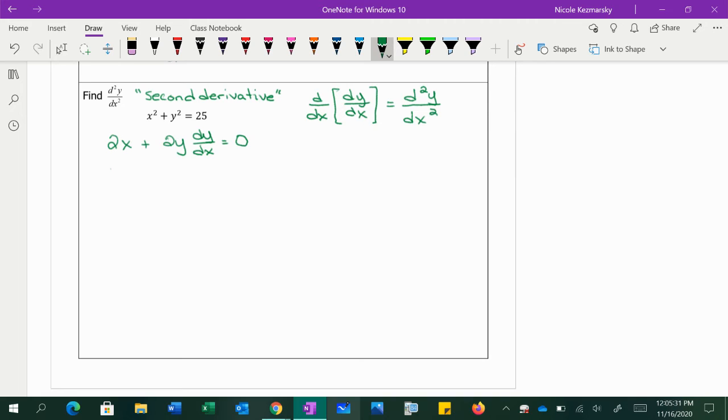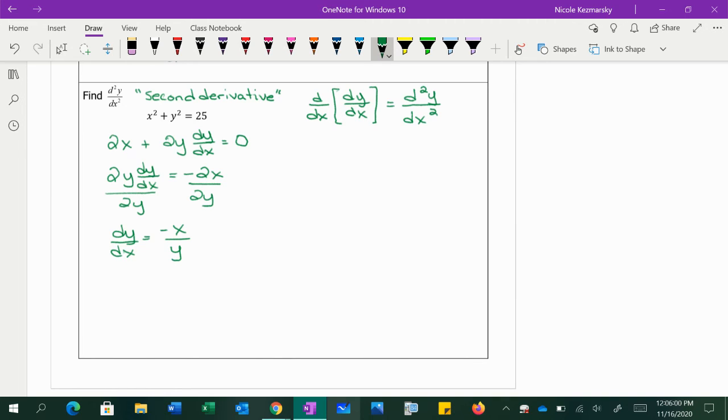So we'll subtract the 2x. So that gives me 2y dy dx equal to negative 2x. And then we'll divide by 2y. And that gives us dy dx. And I'm going to simplify as I go. The 2's will cancel. And so I'm going to be left with negative x over y.